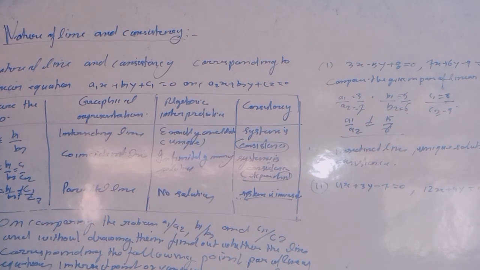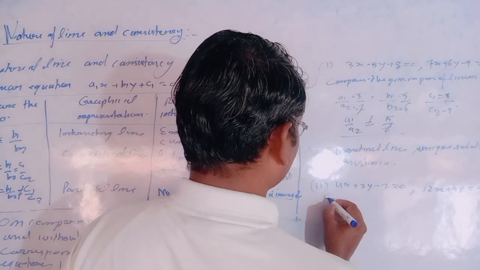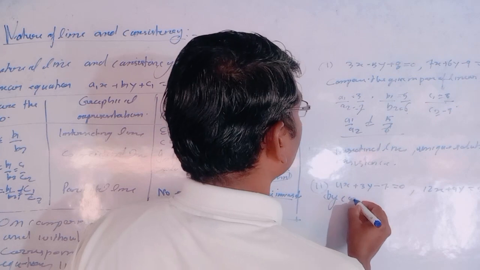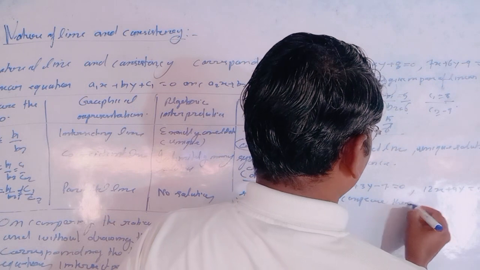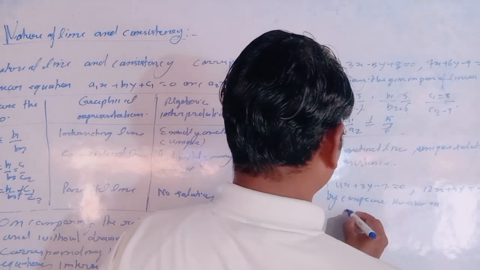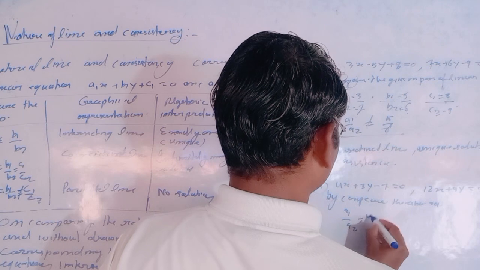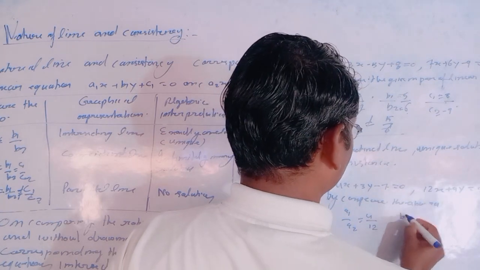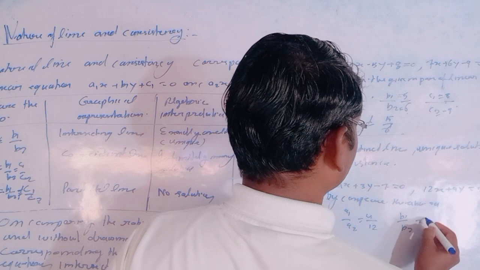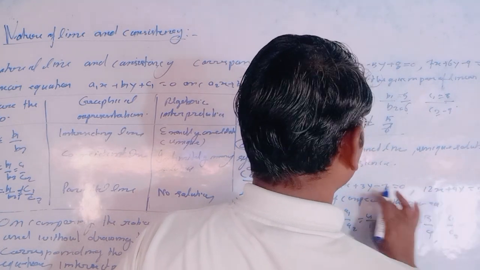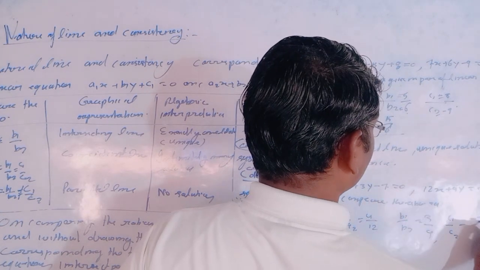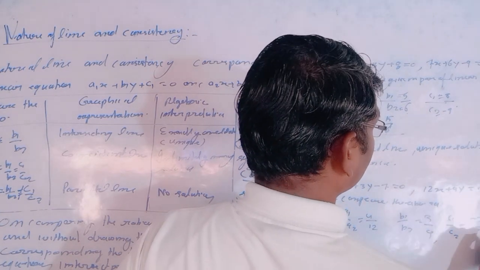Comparing these equations, we find a1, a2, b1, b2. By comparing the above equations, we get a1 by a2 is equal to 4 by 12, b1 by b2 is equal to 3 by 9, and c1 by c2 is equal to minus 7 by minus 21.